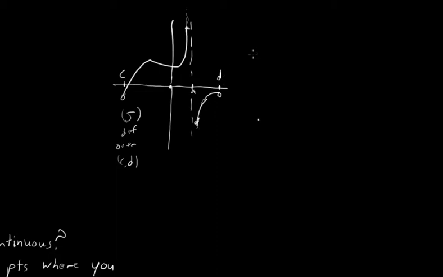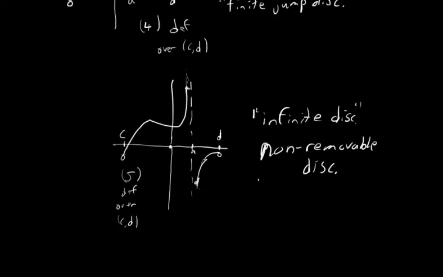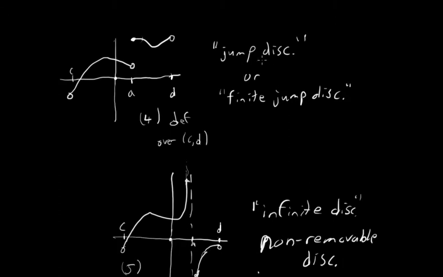So this is called an infinite discontinuity, infinite DISC, and it is a non-removable discontinuity. This jump discontinuity that we just looked at was also non-removable.